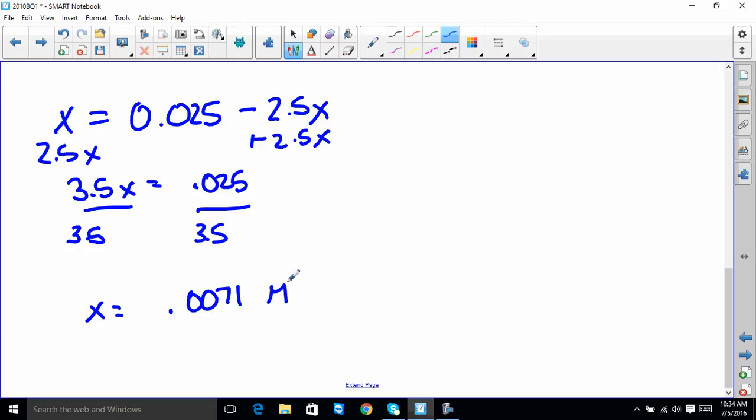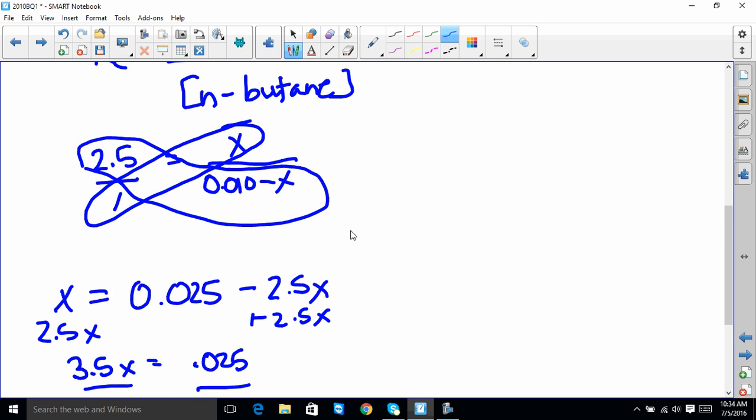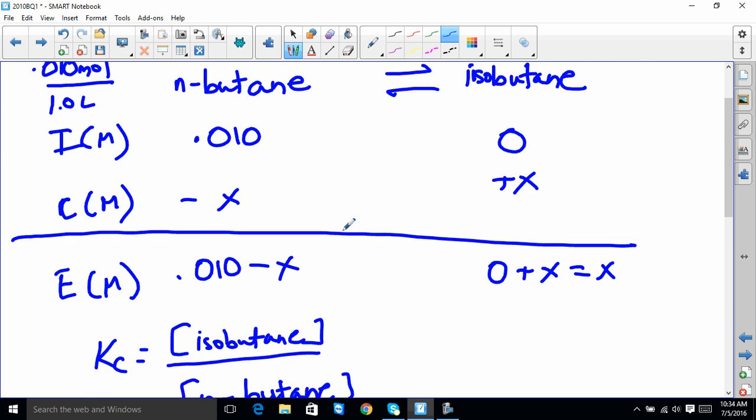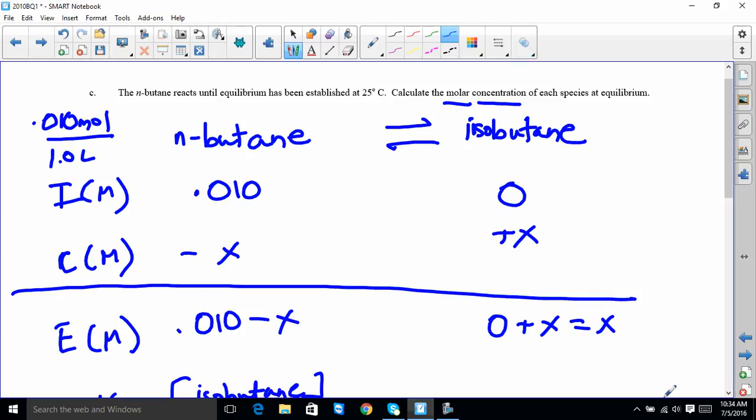Now, the question was, calculate the molar concentration of each species. Well, if you go back up here, we defined the concentration of isobutane as X. So we know that that's 0.0071. And then n-butane is going to be 0.010 minus 0.0071.